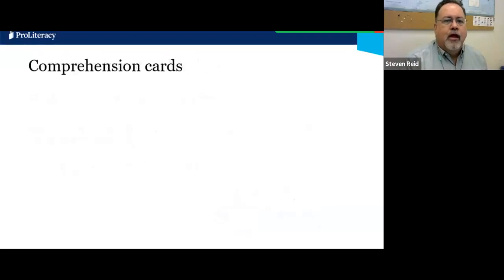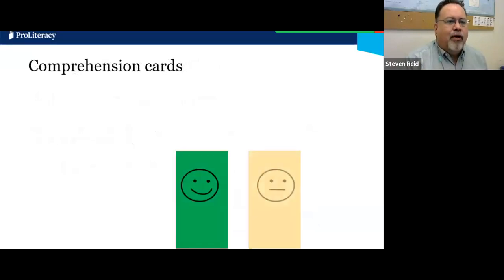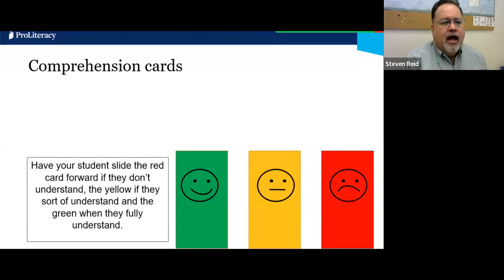Another thing I introduced from the very beginning are what I call comprehension cards. I have the students start with these. You can either print them out on individual cards, or they can have them all on one, and you can use a little counter, a coin, or a rock or something that you can move back and forth.